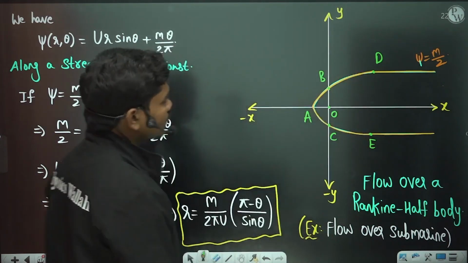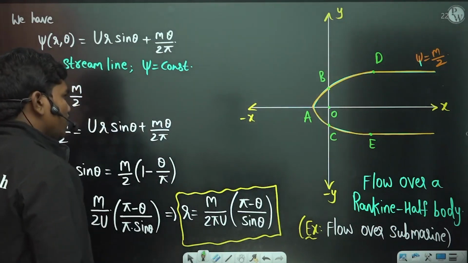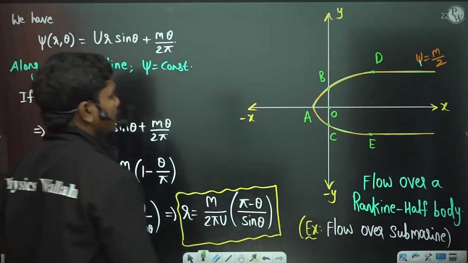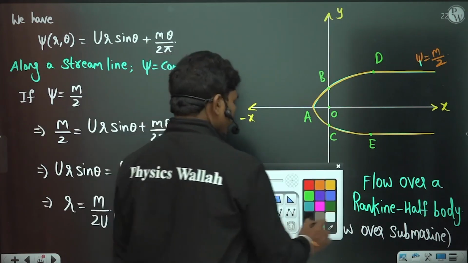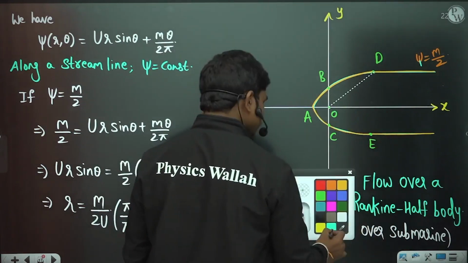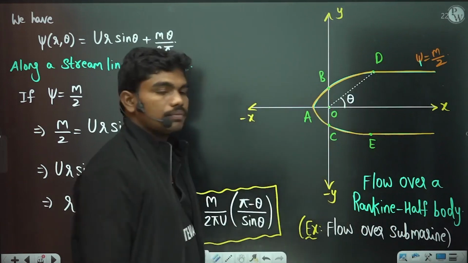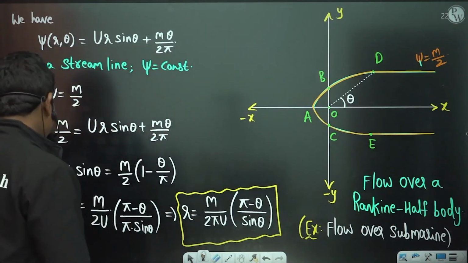Now let us see one thing. Theta is at any location, for example if you join these two points, then this is theta at some location. Now let us see OA.